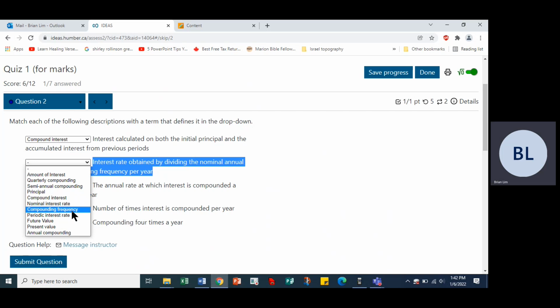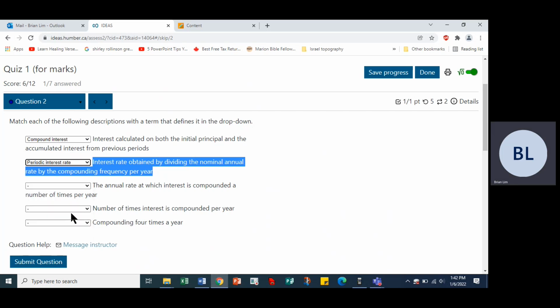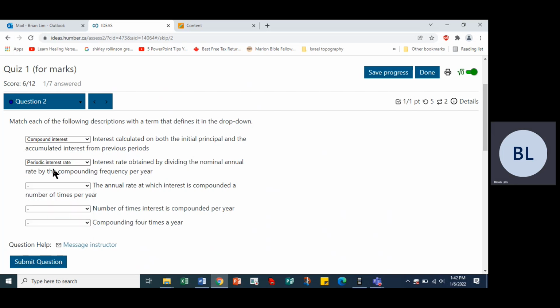Probably not. You could try that, but I don't think that would work there. That might be the periodic interest rate, correct? Yes, because it's divided by the compounding frequency. So that's the periodic rate for annually, quarterly, and so on.